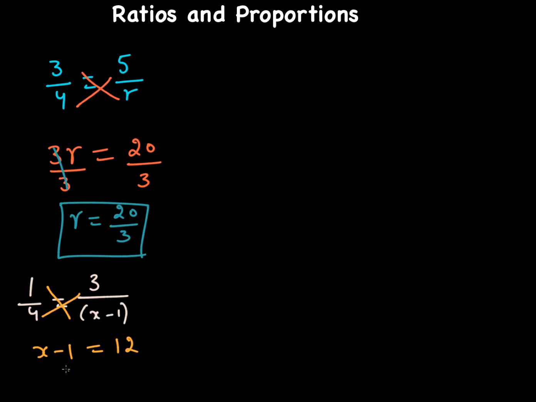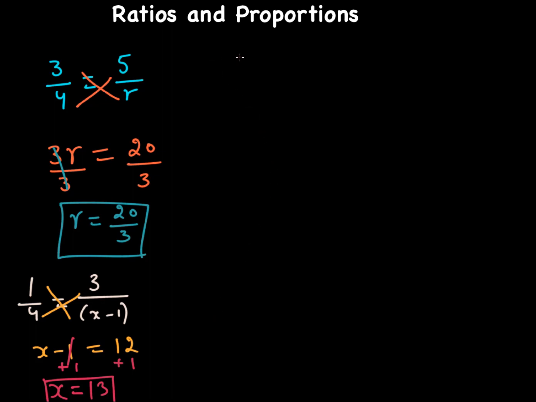Now I want only x, and I want to get rid of this 1. So what should we do? If we add 1 on this side, we need to add 1 on the right hand side too. Minus 1 and plus 1 cancel out, it gives me only x, and on the right hand side 12 plus 1 is 13. So you got the value of x.